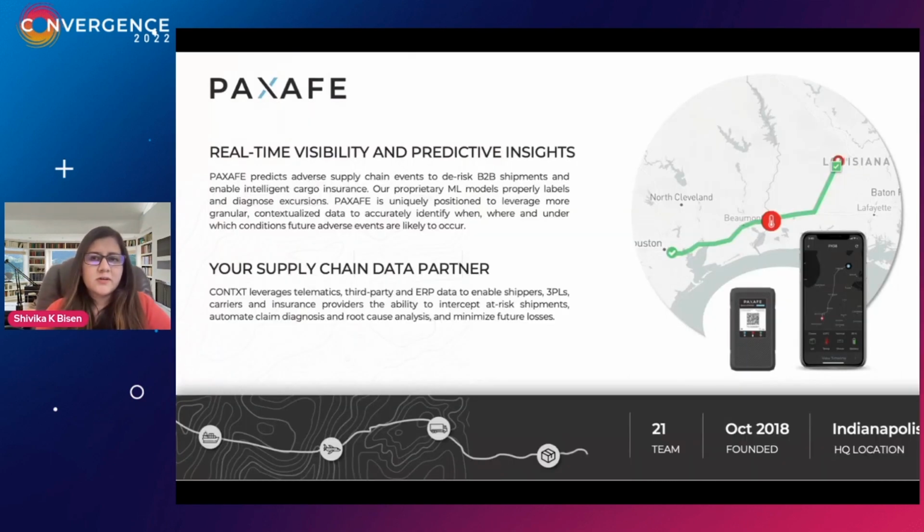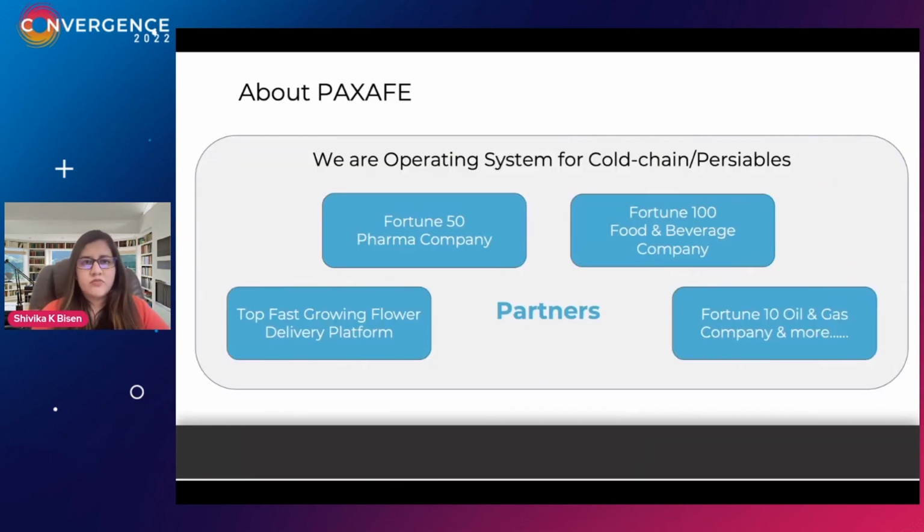Just to give you context about where I work, at PAXAFE we are a 3-year-old startup, and we basically work in real-time visibility for business-to-business shipment. We are based out of Indianapolis, and you can think of us as an operating system for the cold chain and perishable industry.